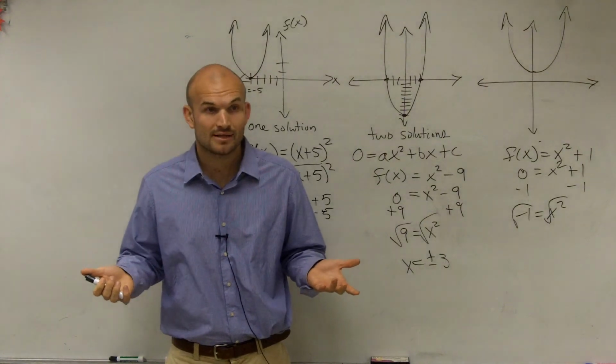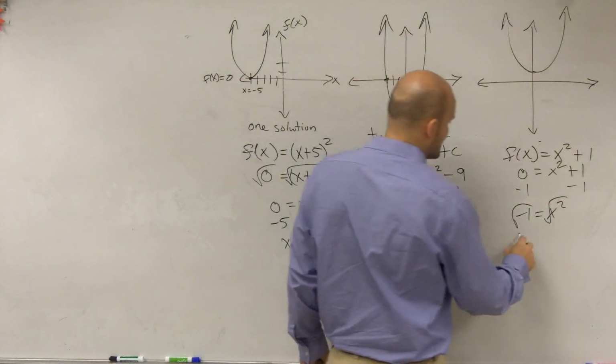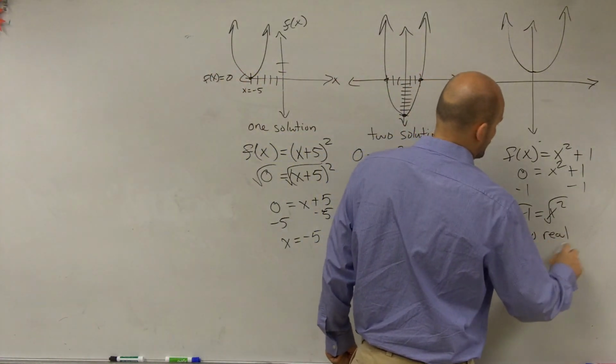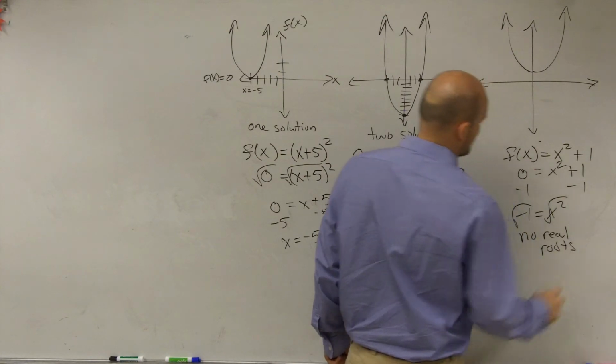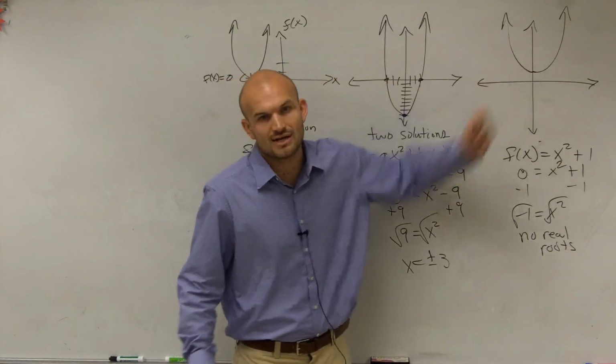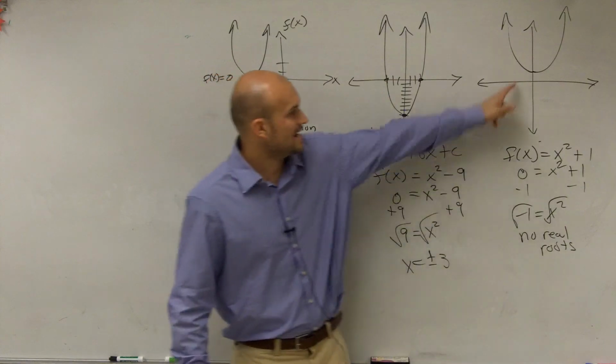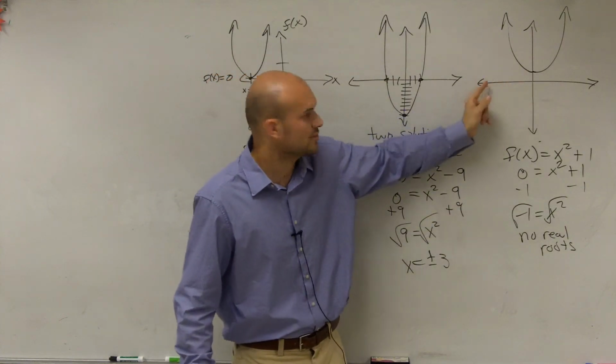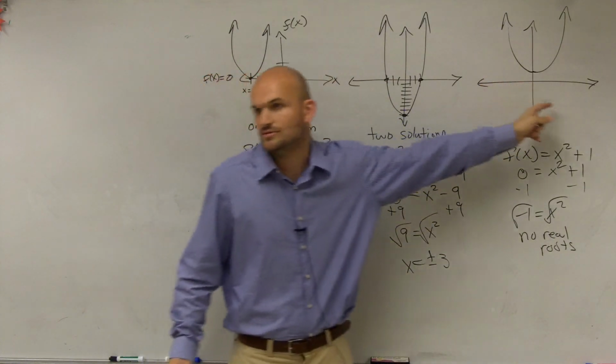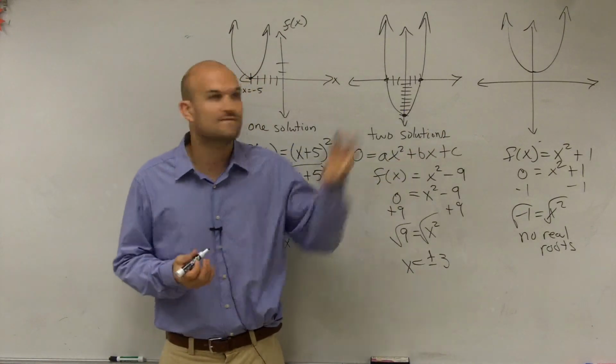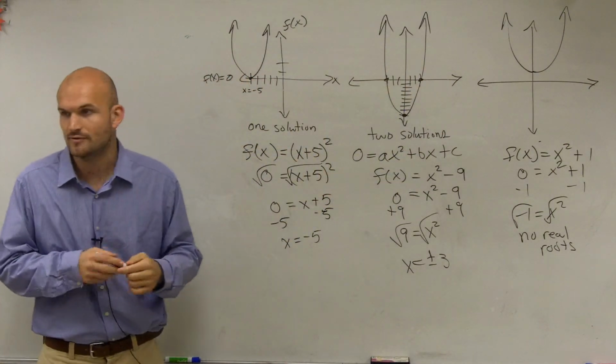It's impossible, right? So here, what we say is there's no real roots. And you can see, does it cross the x-axis at all? Are there any values that make it true when it crosses at f of x equals 0? No. So there's a visual and an algebraic way for you guys to see that.